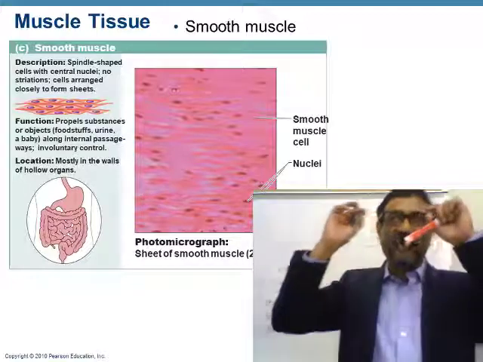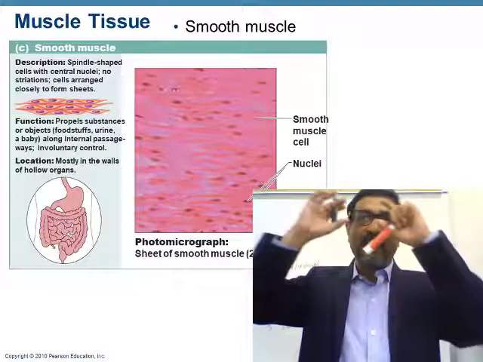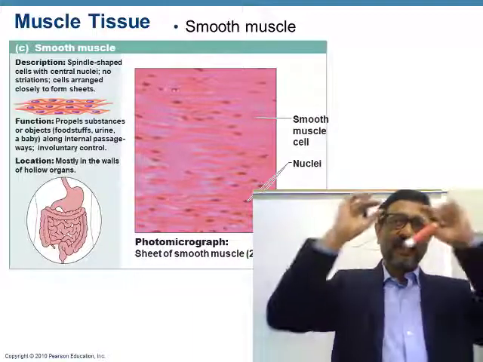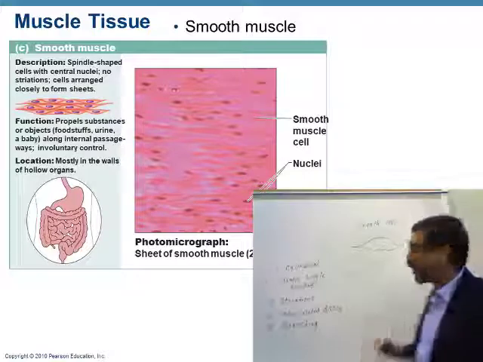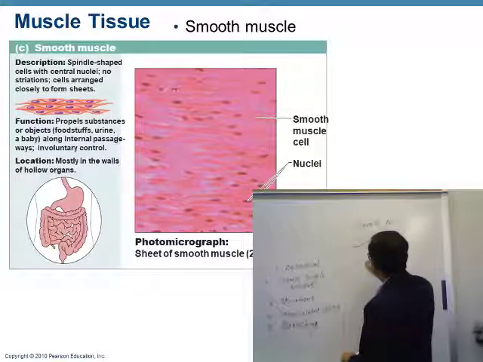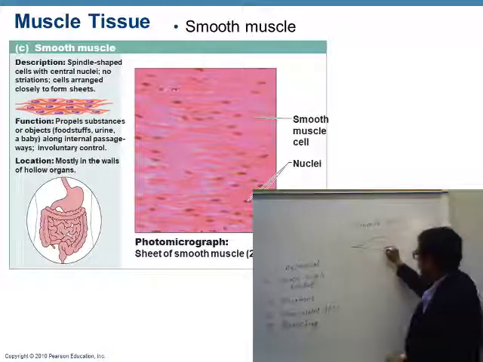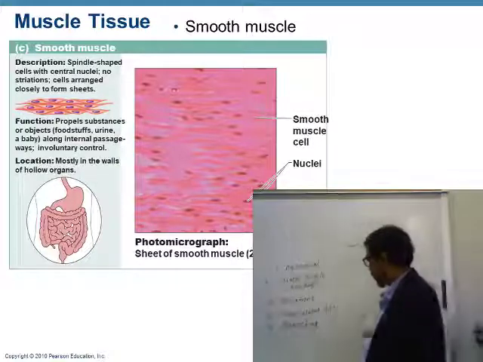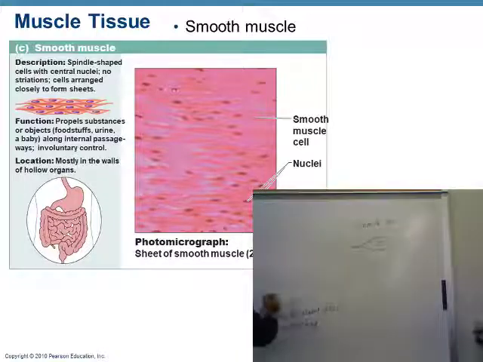That means both ends are tapered, middle part is wider, like your eye. Both ends are pointed like this and middle portion is wider. That is called spindle shaped fibers. So this is one fiber and centrally located nucleus, single nucleus located centrally.